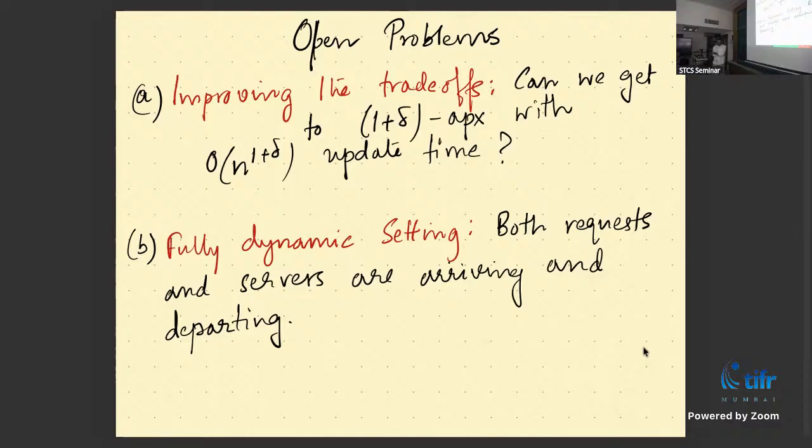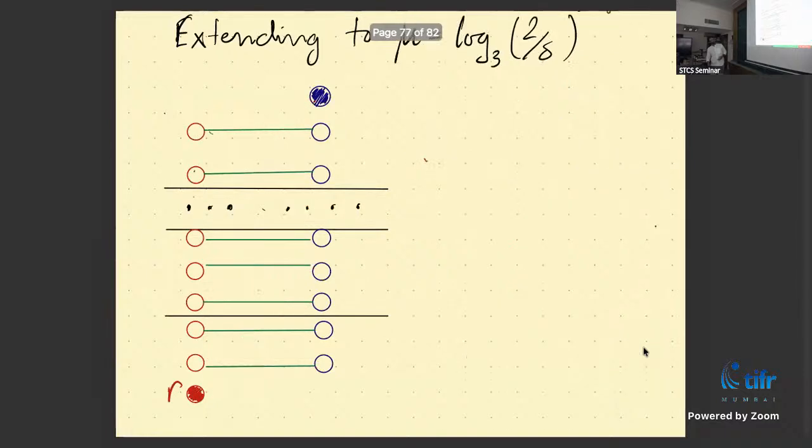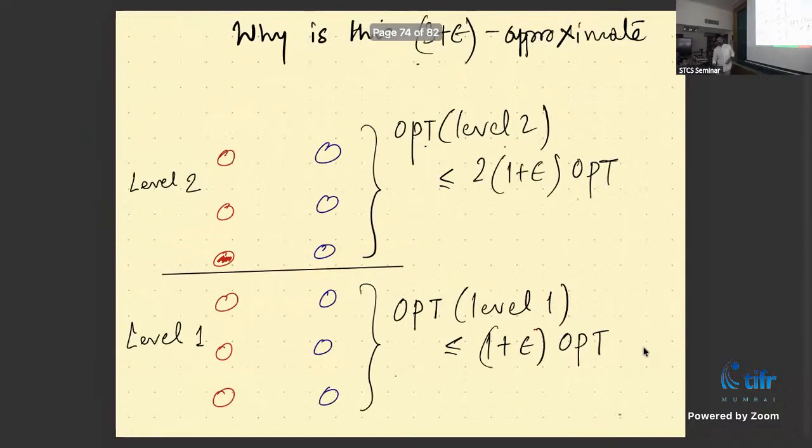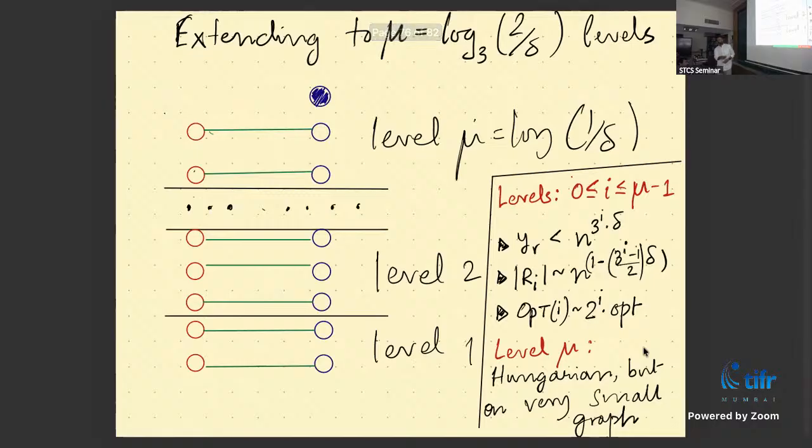Correct. So now I set my threshold, instead of square root n, I set the threshold for dual values to be something like this, right? At the ith level, it's like 3 to the i times delta. Suppose I start here with the scaled metric, and now a request reaches this threshold.